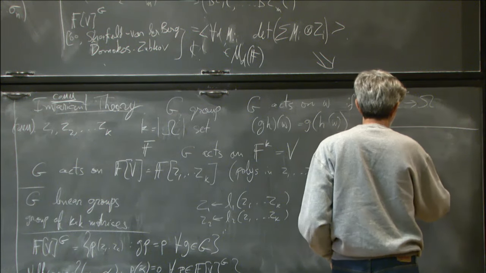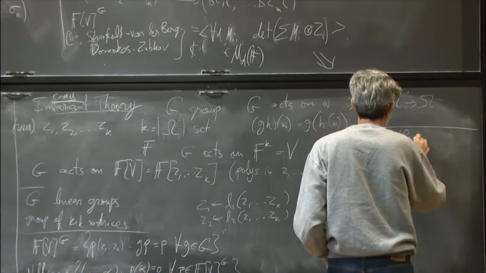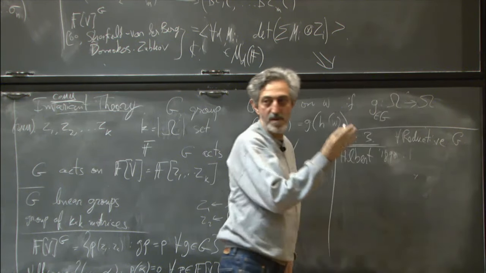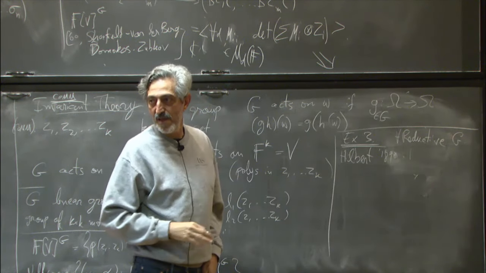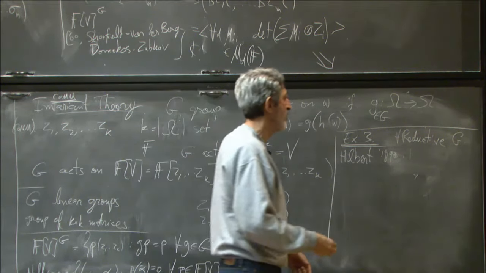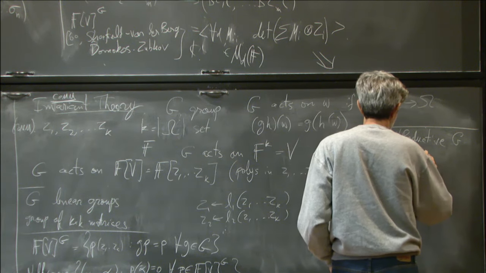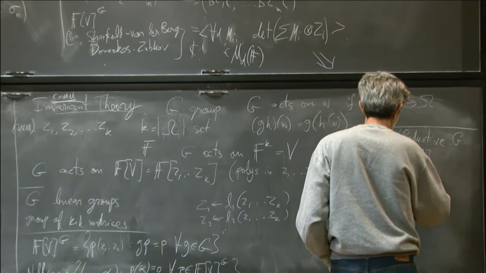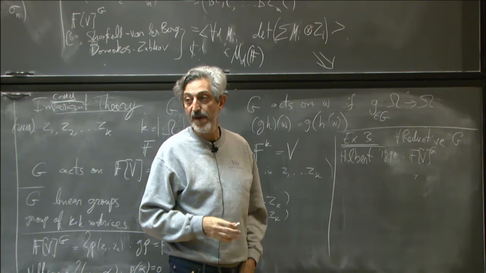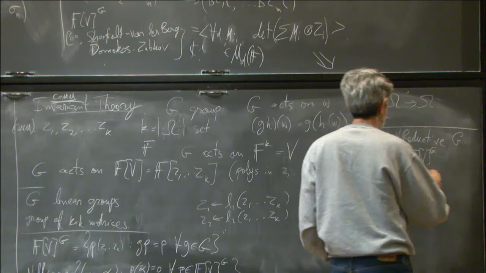And what he said is that for all reductive groups G, which contains all the linear matrices, all subgroups of groups of matrices, the invariant polynomial ring is finitely generated. It's always generated by a finite number of polynomials.